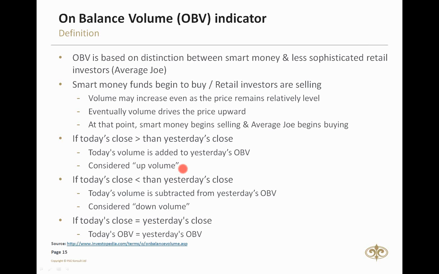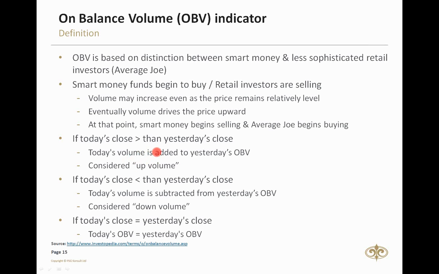If today's close is lower than yesterday's close, and say we traded 5,000 shares today, we subtract that 5,000 shares from 110,000. Ultimately, you'll see in the next few slides how this all comes together visually. If today's close is equal to yesterday's close, the on-balance volume will be exactly the same. So it's a very simple indicator, but very, very powerful.